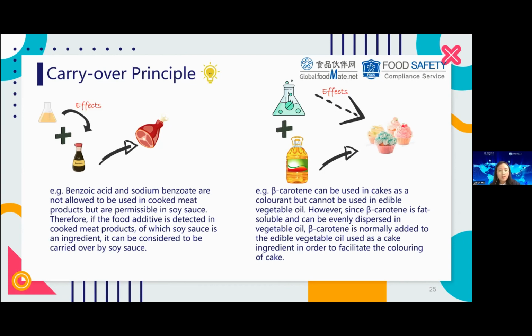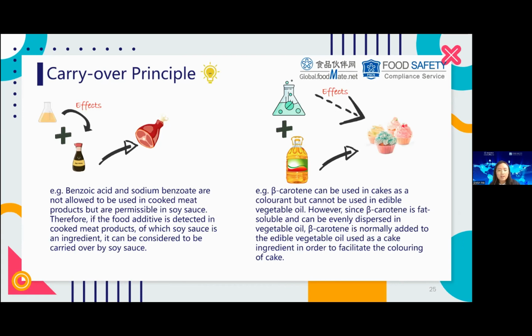And so it's important for food producers to correctly label the ingredients used in their products. However, for example, intentionally adding a large amount of antioxidants to the food ingredients to increase the shelf life doesn't comply with the carryover principle.